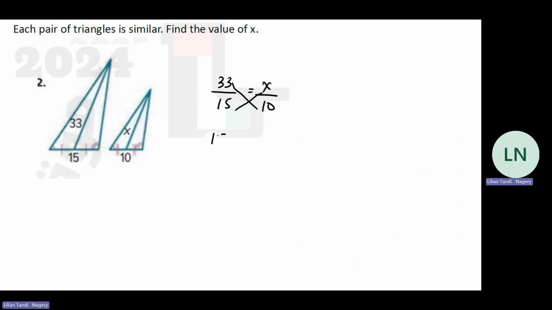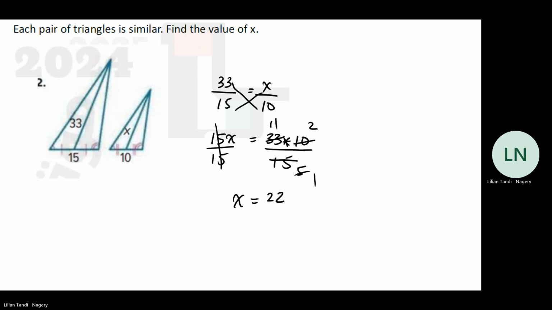Butterfly method, 15x equals 33 times 10. Divide by 15, divide by 15. This goes away. X is 3 goes here 11, 3 goes here 5. 5 goes here once, 5 goes here twice. Your answer should be 22.